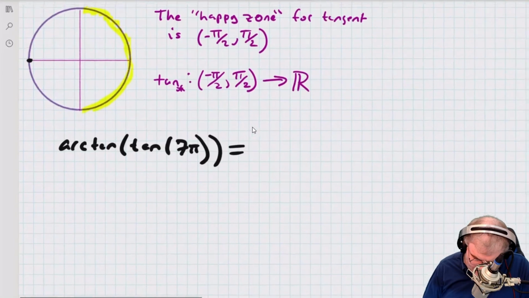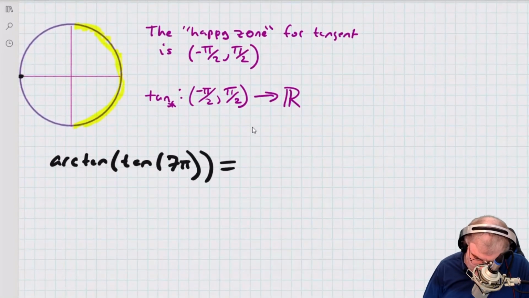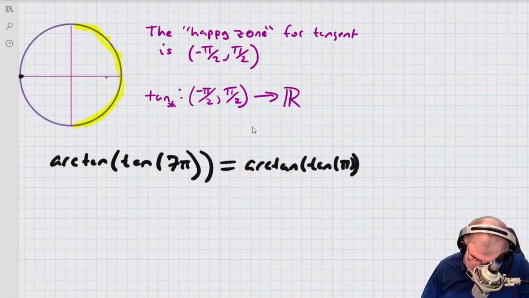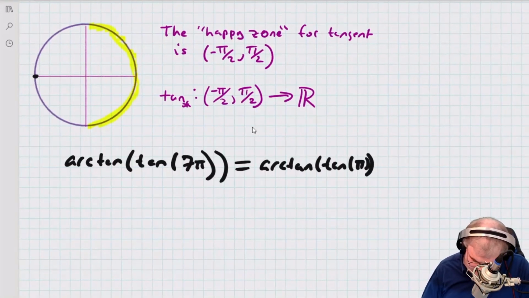So I'm going to wind up here, right? 1, 2, 3, 4, 5, 6, 7. Well, that's the same as the arctan of tan of pi. Now I need the equivalent here. So I'm going to go here.